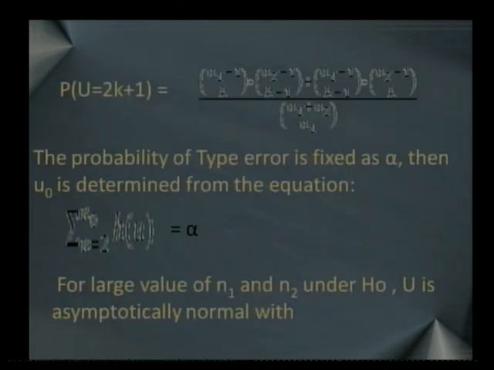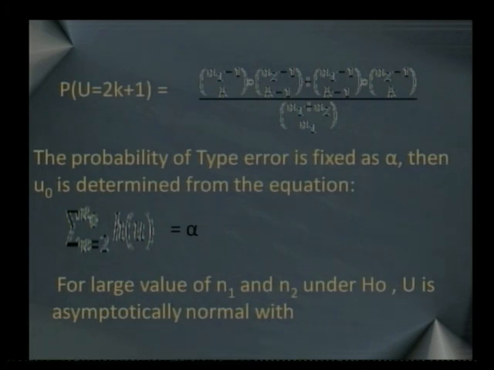That probability is defined for the even case, and if it is odd, then probability of U equal to 2k plus 1 is equal to C(n1 minus 1, k) into C(n2 minus 1, k minus 1) plus C(n1 minus 1, k minus 1) into C(n2 minus 1, k), whole divided by C(n1 plus n2, n1).